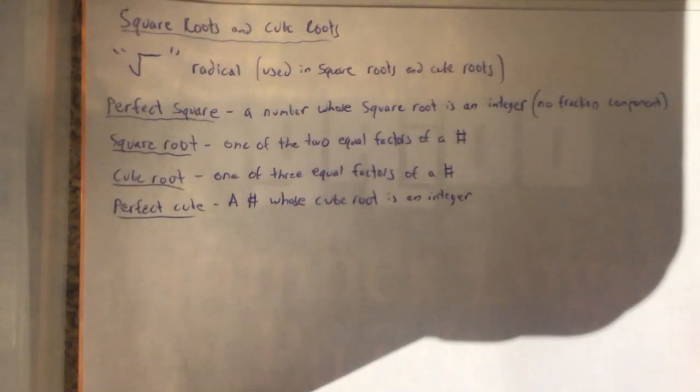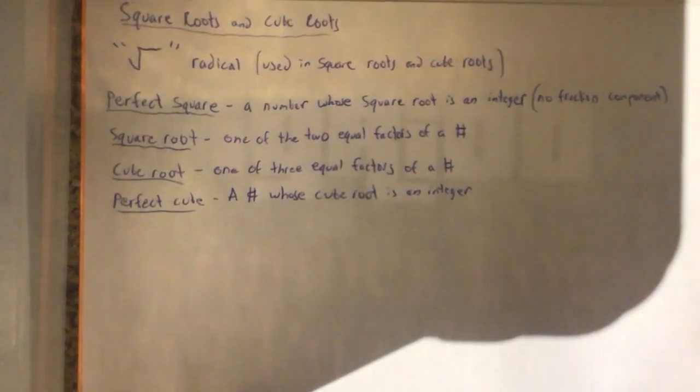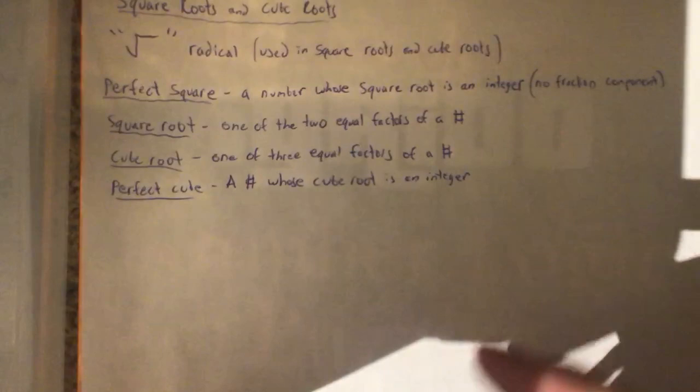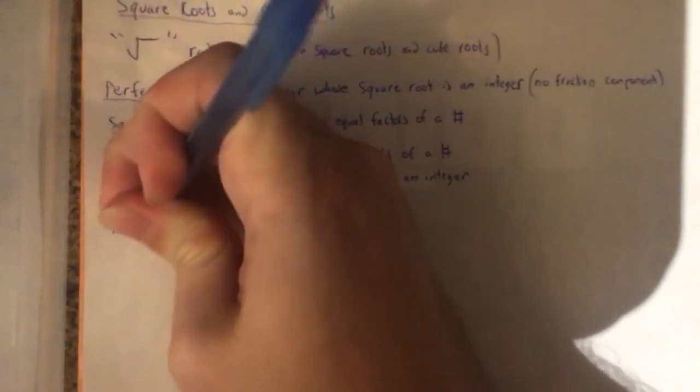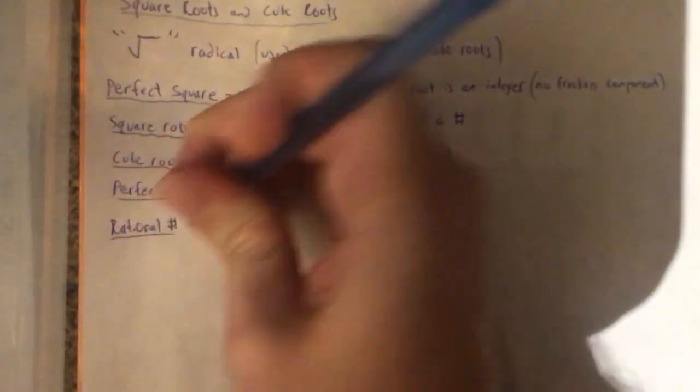There are 2 other ones, because when you take a square root or cube root, sometimes you'll get an integer answer or sometimes you may get a long decimal. And this will, based on each, either be a rational number or an irrational number. So the last 2 definitions we're going to talk about are rational number and irrational number.